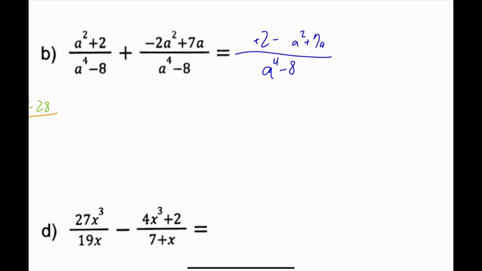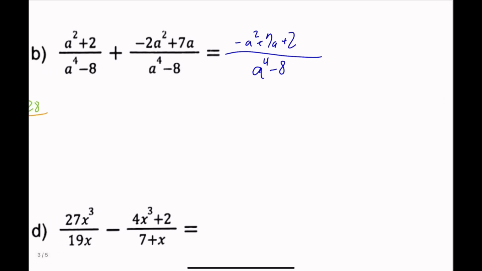So we have minus a squared plus 7a plus 2. Now, this isn't factorable, so this is just the final answer.